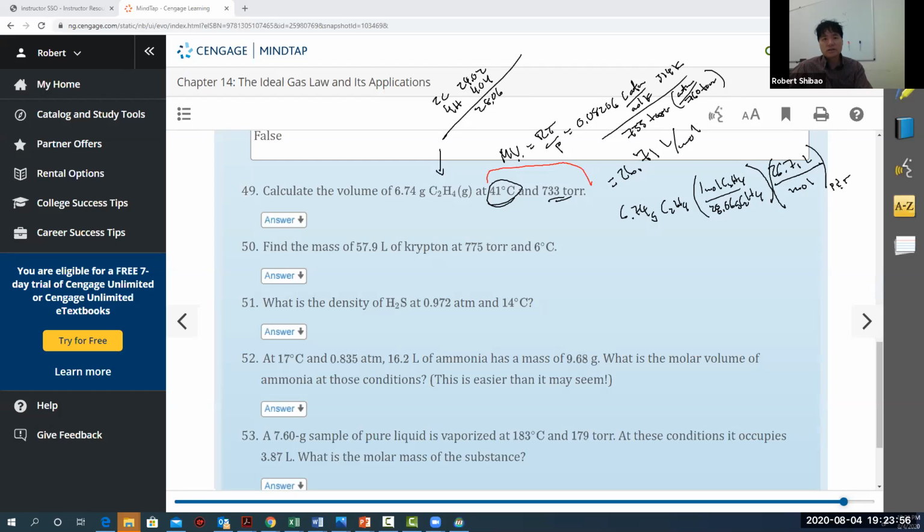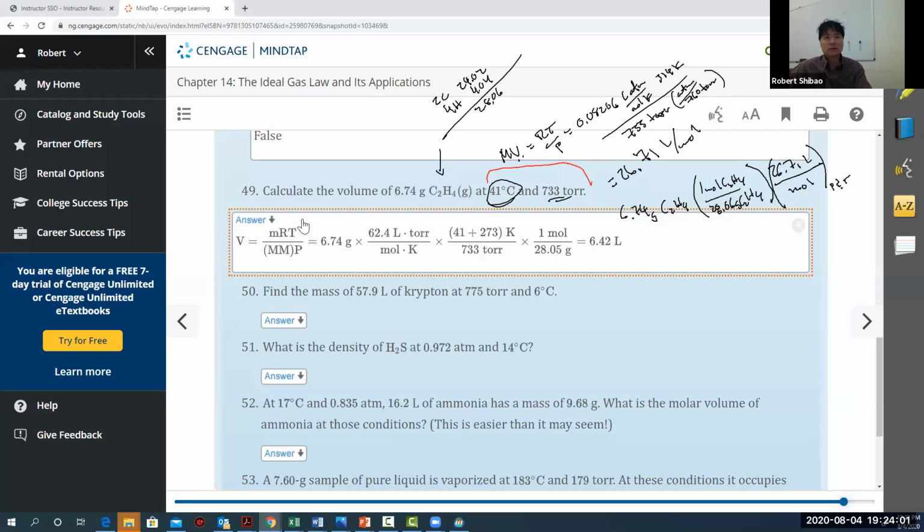I try to do things using dimensional analysis versus algebraic. Actually, this is good too, I guess. Where did this equation come from? Well, this is rearranging the molar mass equation. I guess you could do that as well.